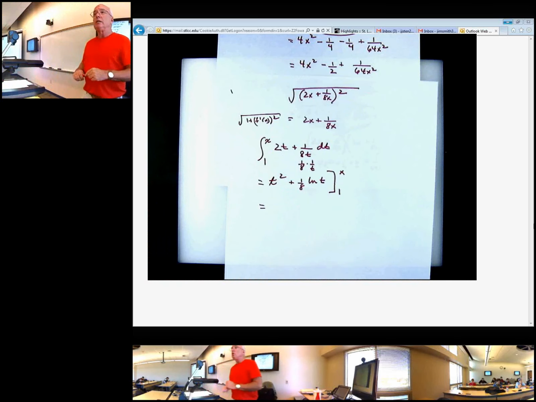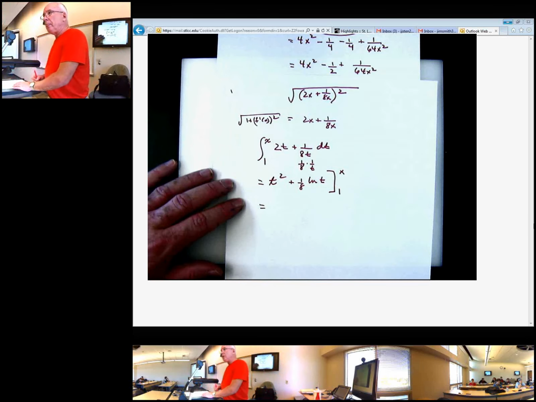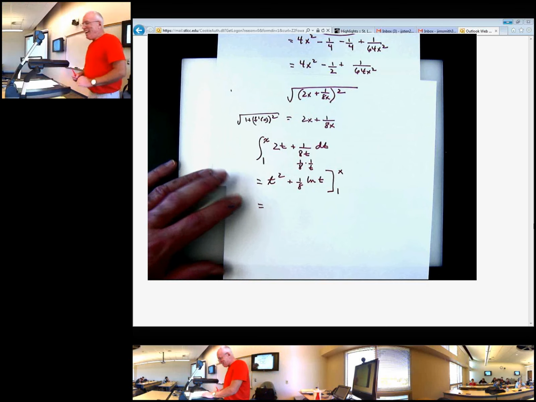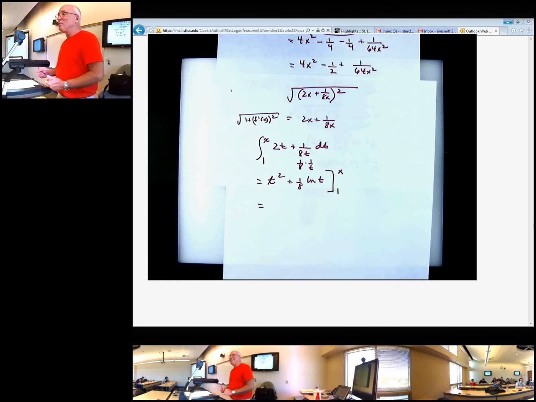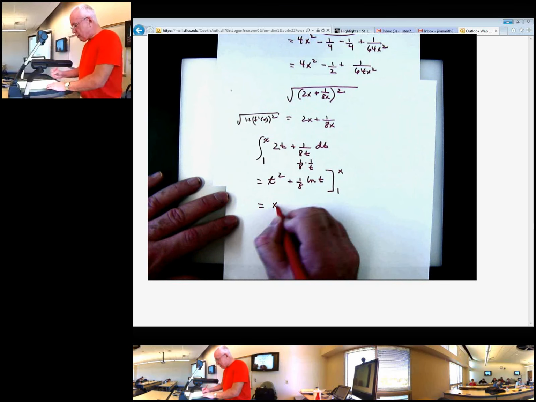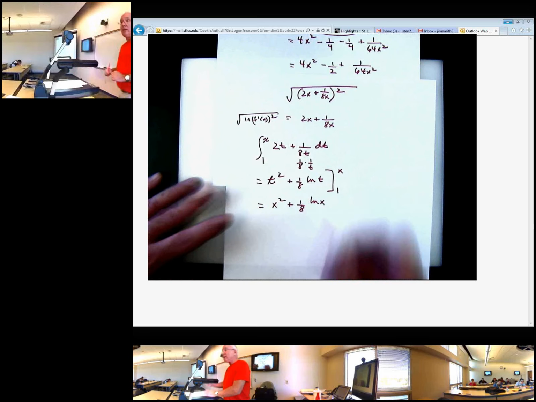So let's plug in. Sandy, are we okay with what I did there? So we plug in the x variable up here. Okay, we plug in our top one, so that's going to be x squared plus 1/8 ln of x, all right?